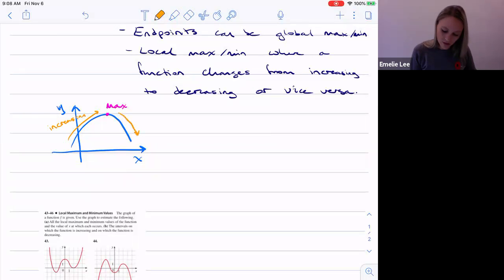You probably would have picked this as a maximum anyway, but we don't usually think of it as the point where it switches from increasing to decreasing. We just think of it as the highest point, or the lowest point if it's a minimum.